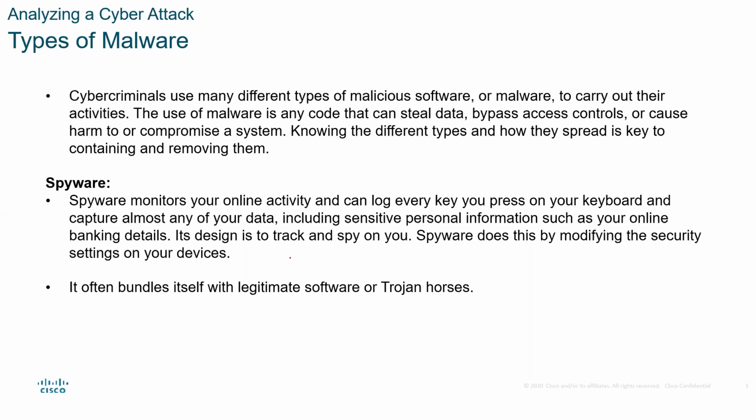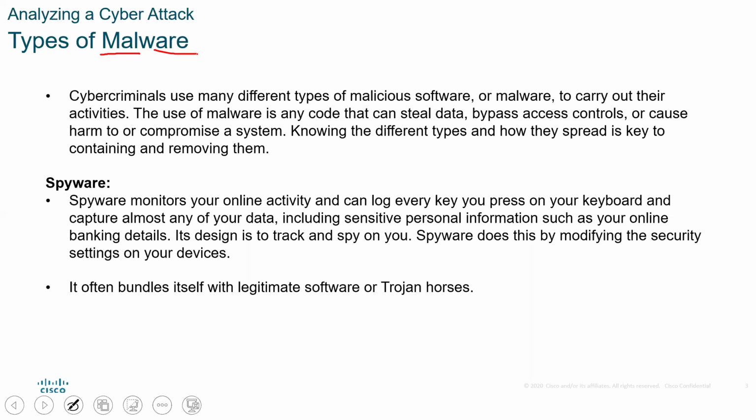We have different types of malware. Malware is just another term used for malicious ware, okay? Because there are two words, malicious and ware. And cyber criminals use different types of malicious software or malware to carry out their activities.